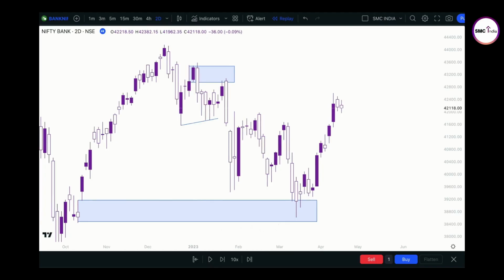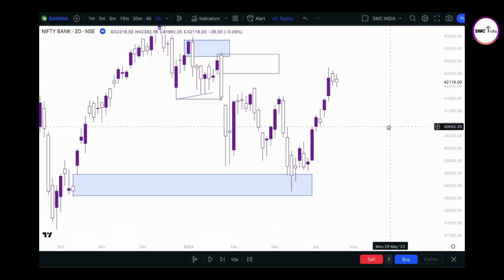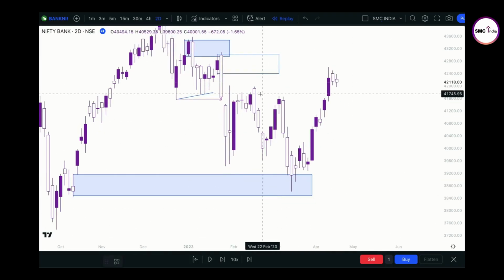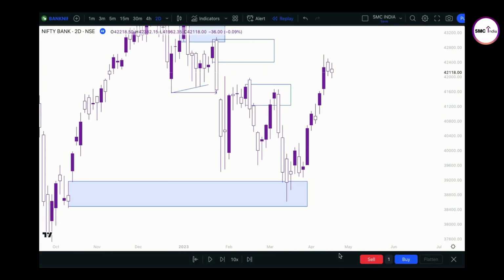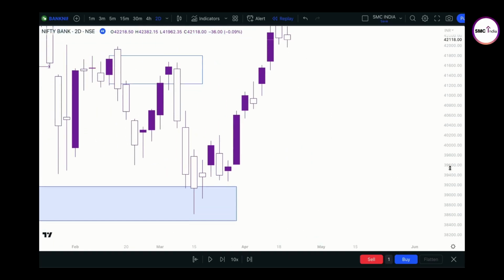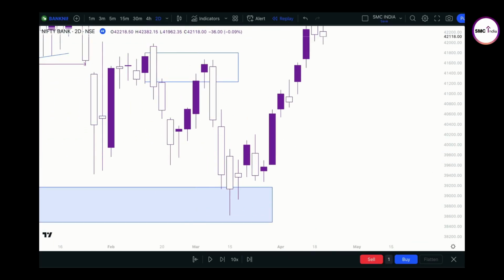And next what you see is that there is a clean breakout structure to the downside. You see another clean order block up here, and as it moved down you see another clean order block up. So now suppose I am taking this order block for example, and how are you going to trade this order block?